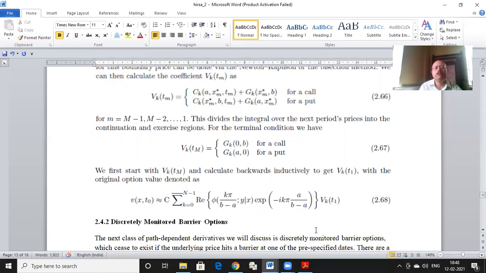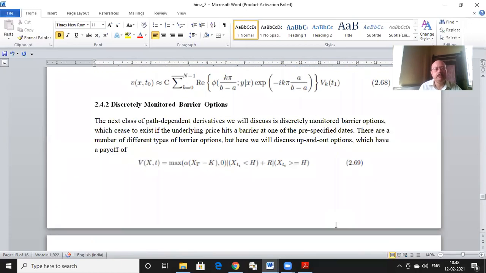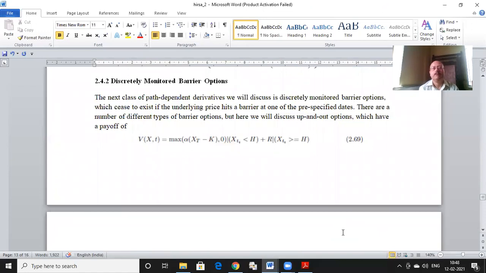So now let me also talk a little bit about a second application, which is discretely monitored barrier options. So if you recall, barrier options are options which become worthless if the underlying price hits a barrier.